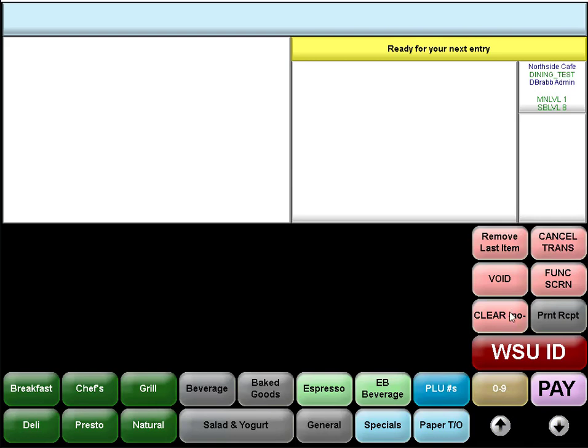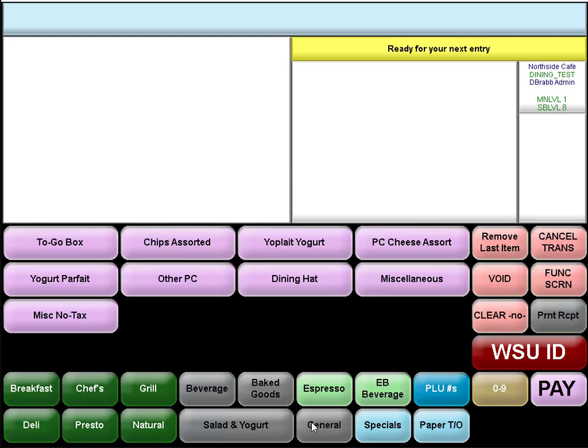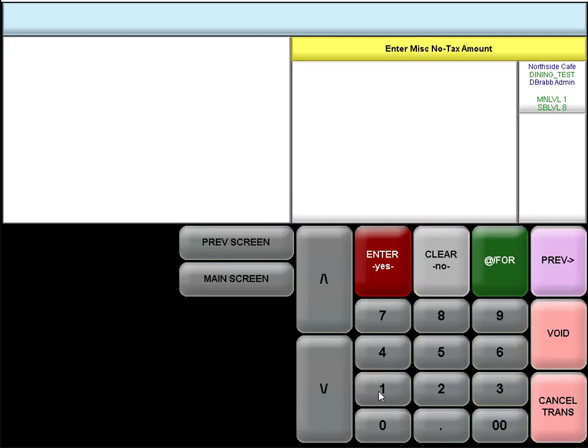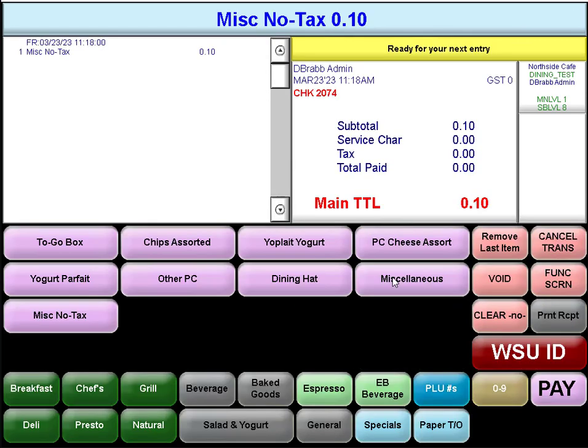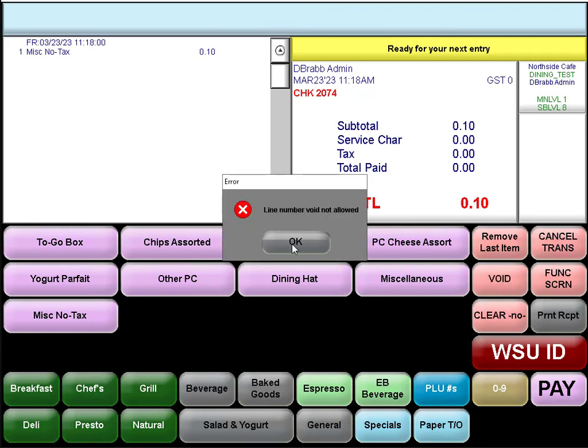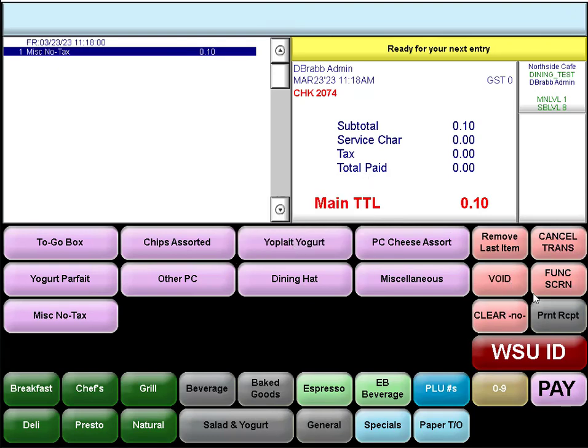Let's say the customer has purchased some items and it's come to a value of $10, and I'm going to do that using the miscellaneous key. I did that incorrectly.